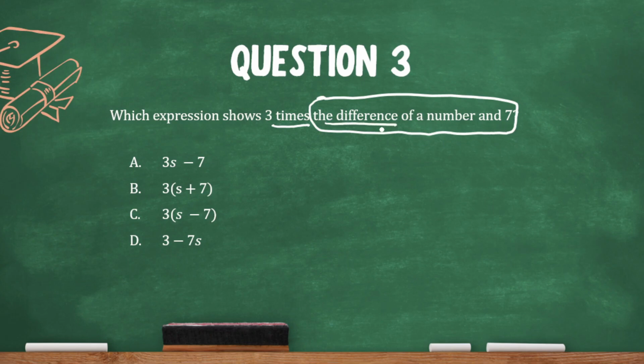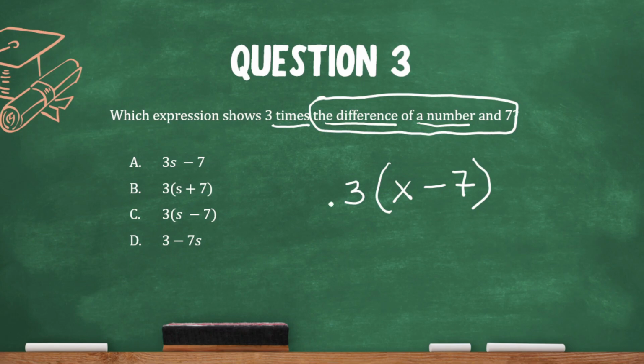Let's do that part first. So the difference of a number and 7 would look like that. Remember, difference means subtract. And then we want to multiply that whole thing by 3. So here's where we have to use those parentheses, because we're multiplying the difference. And since we can't actually subtract that, we're going to use parentheses here.